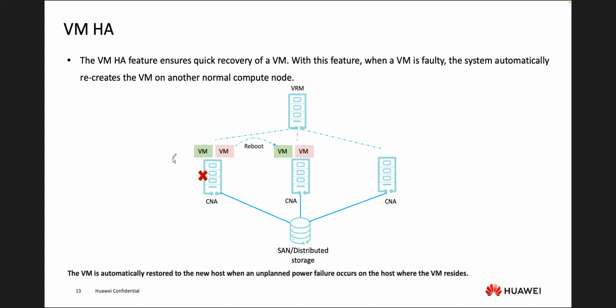When we look at VM high availability, HA stands for high availability. So VM high availability ensures a quick recovery of a VM. When you're the administrator and you see that a VM is faulty, let's say the VM goes down, you then recreate the VM on another normal compute. So let's say this server here, remember CNA stands for compute node agent.